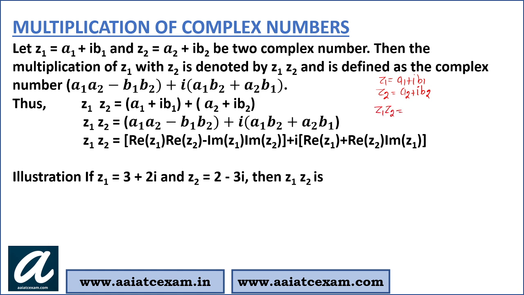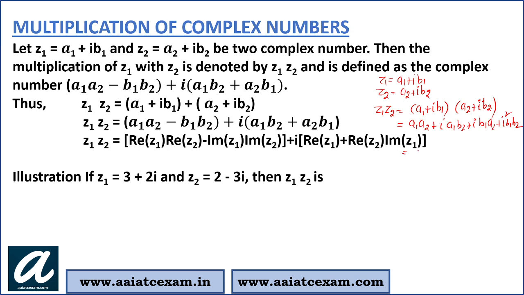Just multiply these two complex numbers, a1 plus iota b1 and a2 plus iota b2. So you will get a1 a2 plus iota a1 b2 plus iota b1 a2 plus iota square b1 b2.